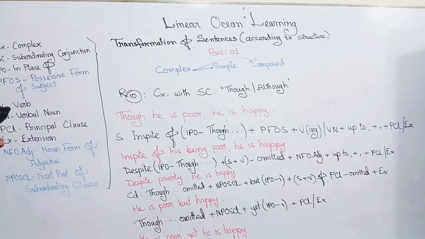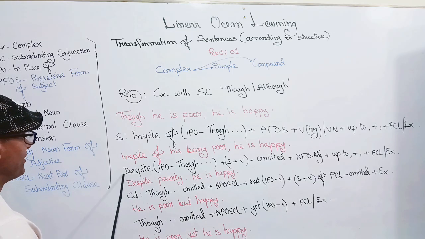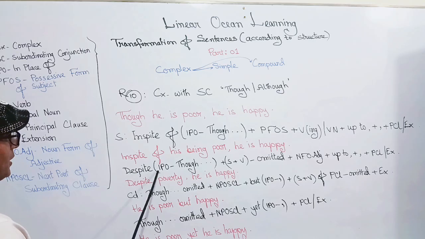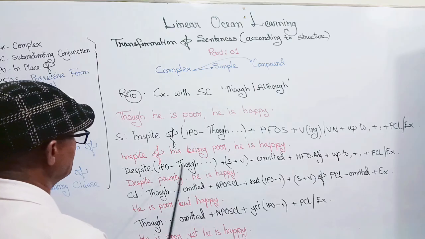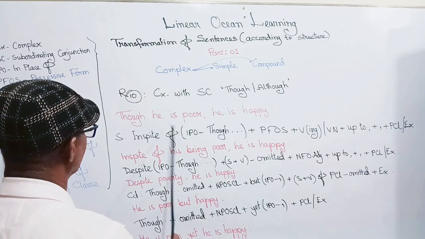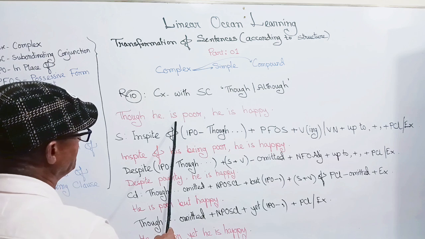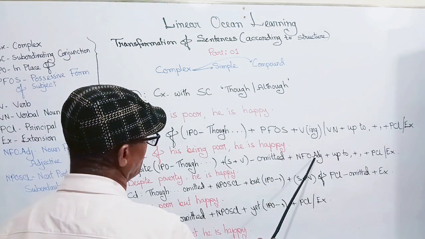We can follow another structure to make it simple. In place of in spite of, we can write despite, IPO though or although. That means in place of though or although, we can write despite plus, in this case, subject plus verb will be omitted, plus noun form of adjective.